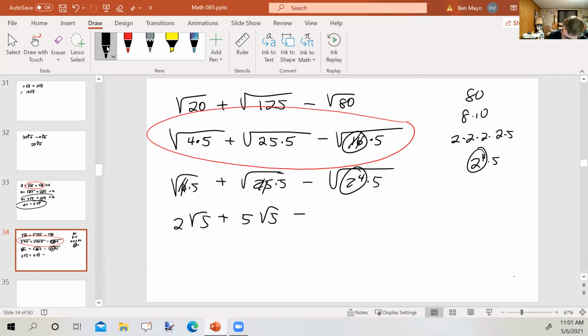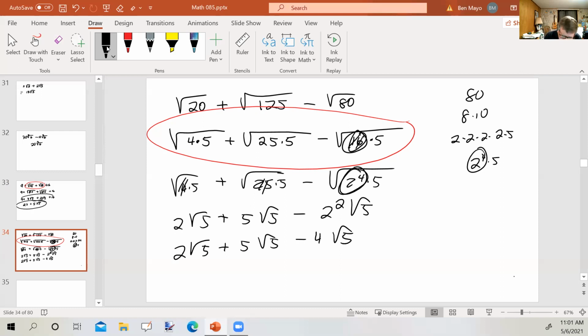Or here you'd have what? 2 to the 2nd square roots of 5. From here you'd get directly to the 4. Here you'd get 2 squared. And then you'd come back and write it like this.